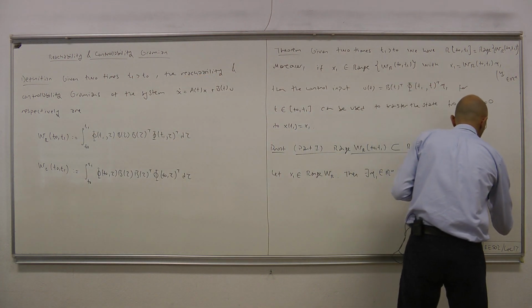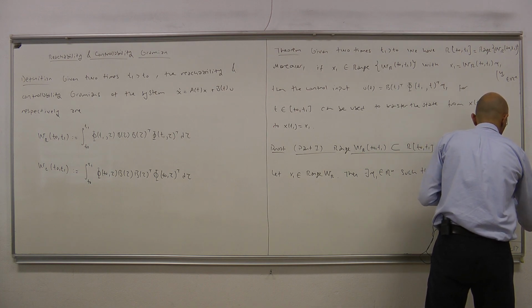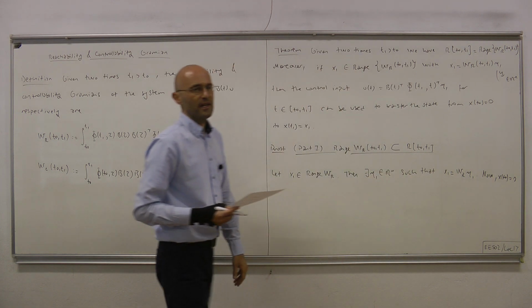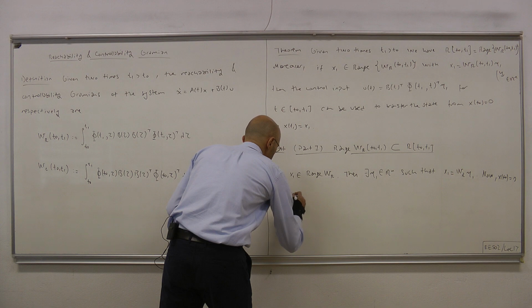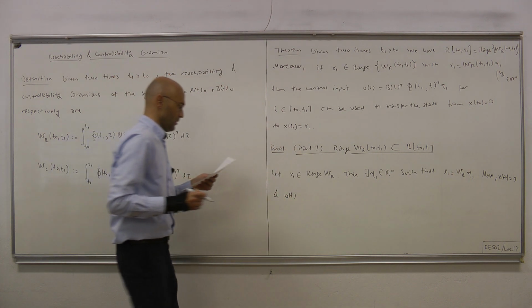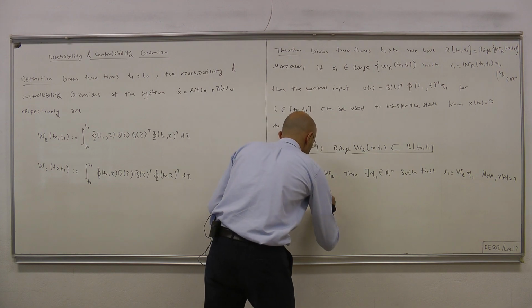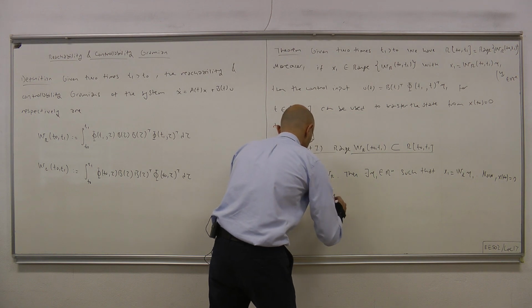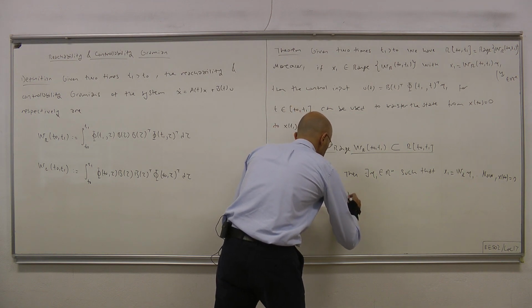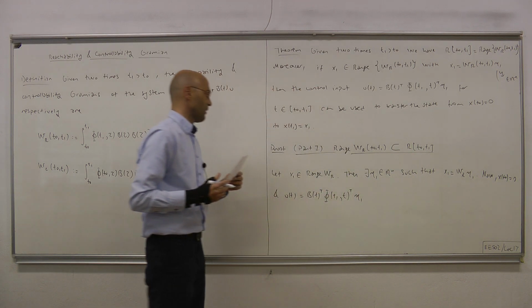Now, we start the system from the origin. So initially x of t0 equals 0, and let's pick the input to equal B transpose times the state transition matrix, phi of t1, t, transposed, times eta 1.